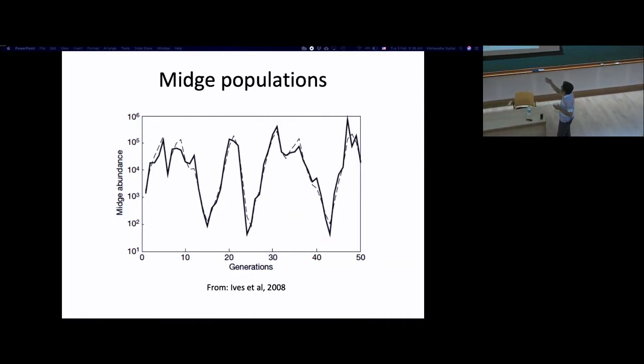These are natural midge populations in some part of the world. Don't worry where. What people have done is measure the population density and abundance over a fairly large period of time, and they find this kind of pattern. As if for about 50 generations... how long do midges live? What's the generation time? Does anyone have some idea about this?